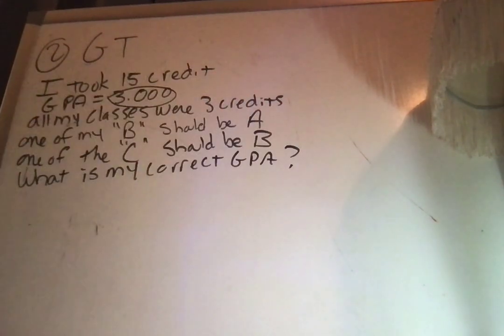Because my position was it wasn't supposed to be a 3 because I had 2 professors make a mistake. Again, pause me, write this problem down, take the time to do it, then unpause and let's see if you got it right.